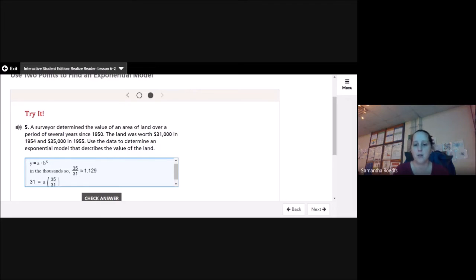35/31 to the 4th power, because 31 is 4 years after. That's in 1954. After the 1950. So I take that raised to the 4th power, and then 31 divided by answer.